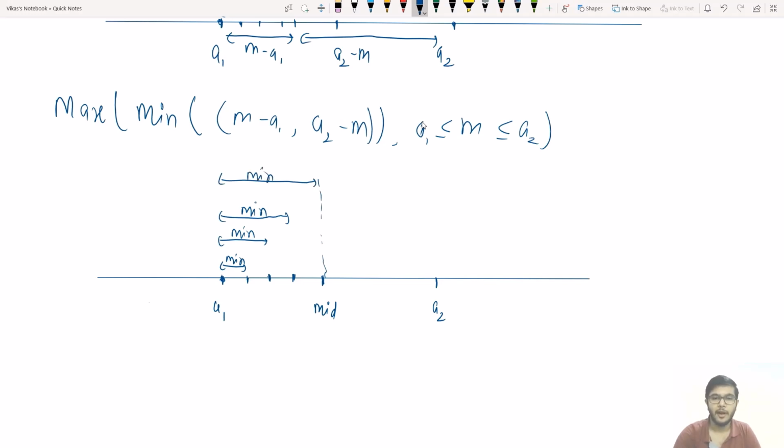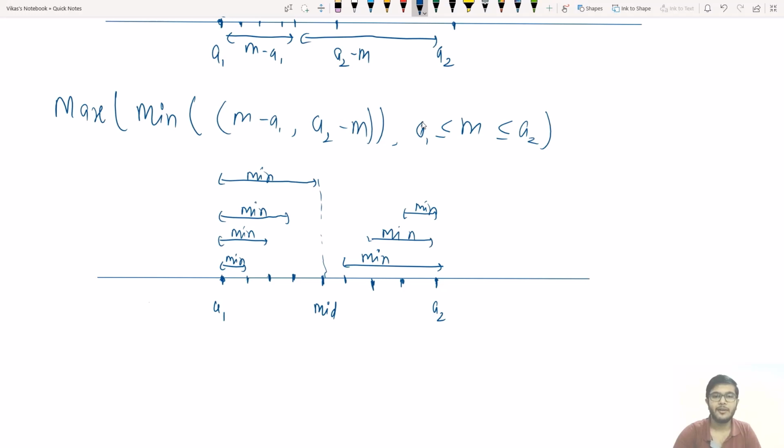Now if I take m at the right-hand side of the mid, then my minimum is this one, and my min is decreased from the previous min. If m is here, my min is again decreased. If m is at a2, then my min is 0.